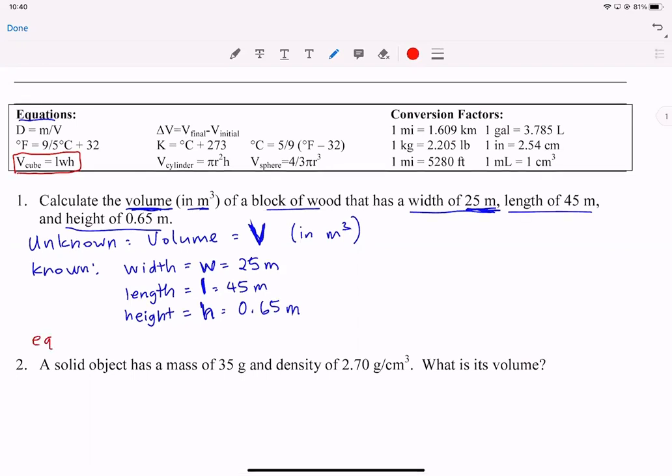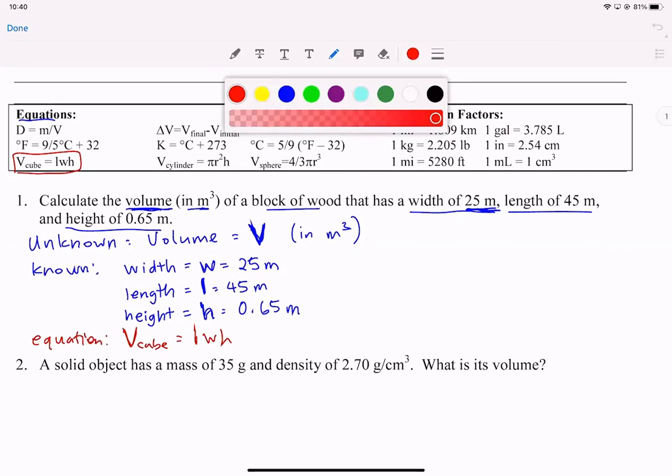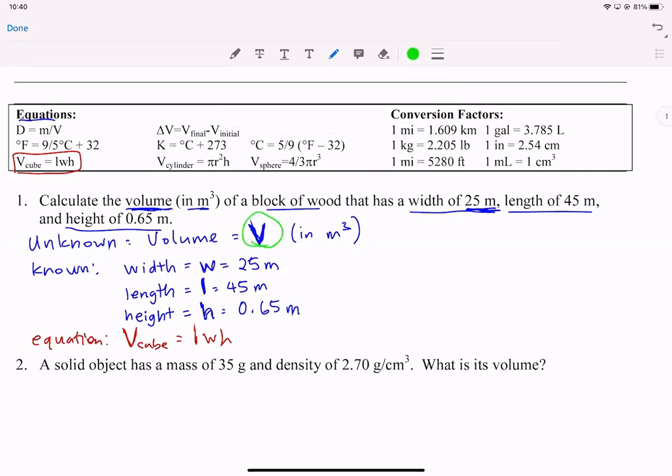This is the equation. I'm going to copy that. The volume V of a cube is L times W times H. What you're trying to solve for, the unknown, which is V, is already isolated. It is by itself on one side of the equal sign.